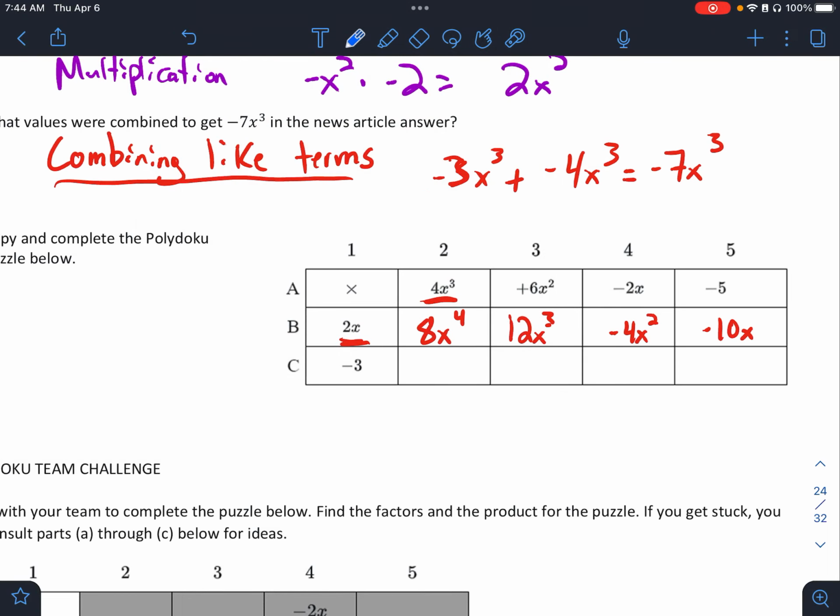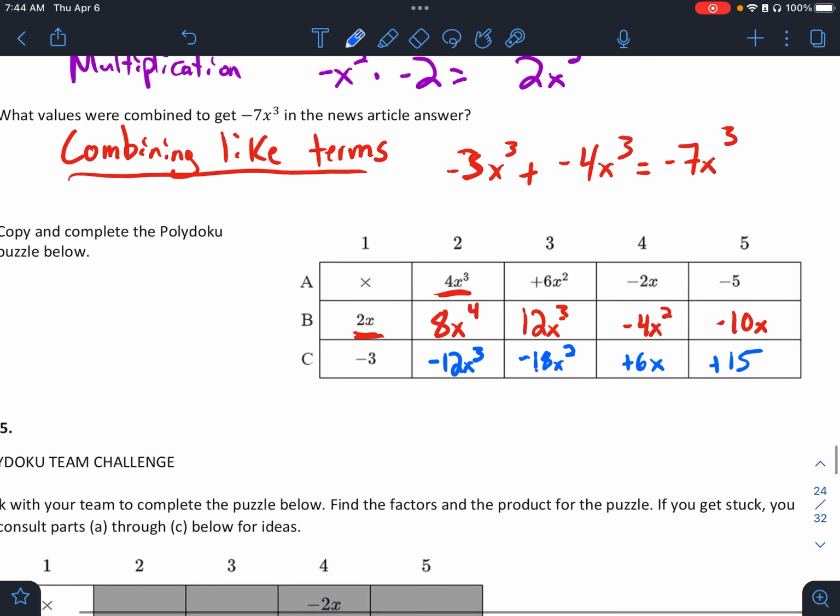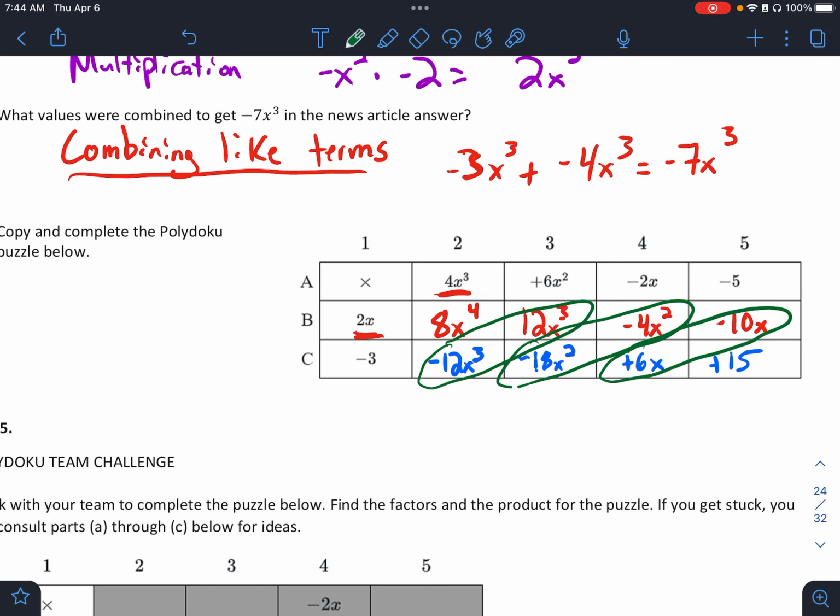Similarly on the bottom, I get negative 12x to the third, negative 18x squared, plus 6x, plus 15. So then when I combine like terms, again, I'm looking for diagonals. I want to point something out here in just a minute after we do this. So I have 8x to the fourth.